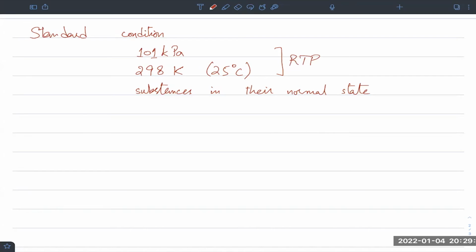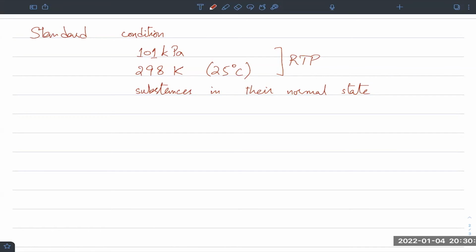For example, if you're burning methane, you will get steam, right? But in a standard equation, we will mention it as liquid, because steam is not at 25 degrees Celsius. Steam does not exist there. Water exists as liquid at 25, so we must mention liquid for the state of H2O.